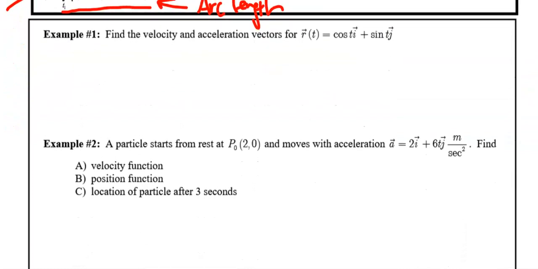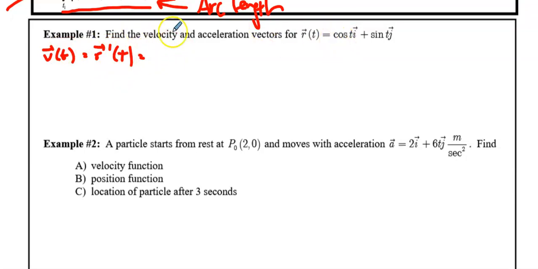It says find the velocity and the acceleration of a vector. So we're going to find that v of t is equal to, and yes, you could also write r prime of t is equal to, so they're both the same thing, and you know that. s prime of t versus v of t. And so it's our derivative.